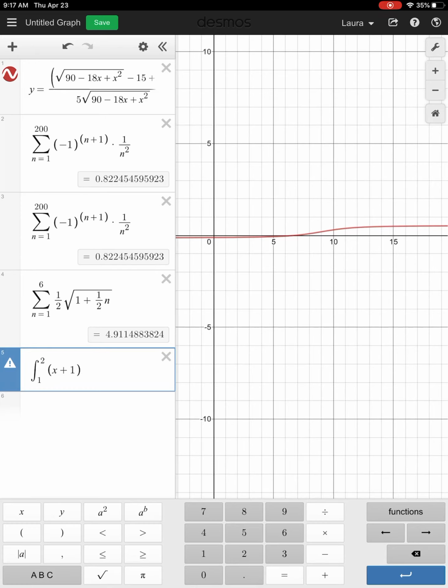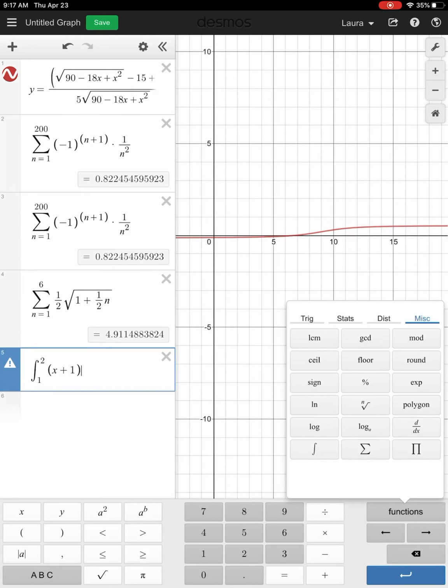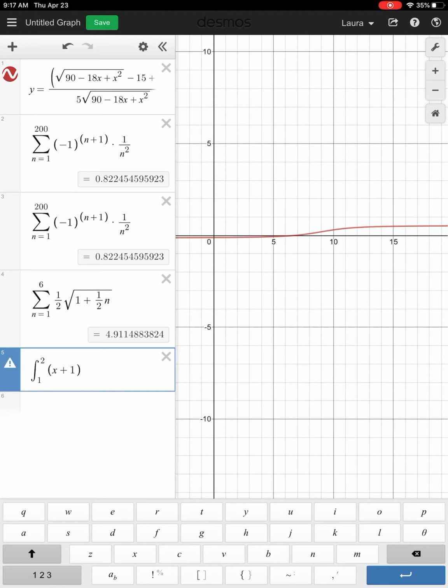Here's my integral. And as soon as I hit that, it says okay, I can put my numbers in now. 1 to 2. And then I'm going to put in x plus 1. If you want to use just x, it's over there. And then we're going to go back to function.